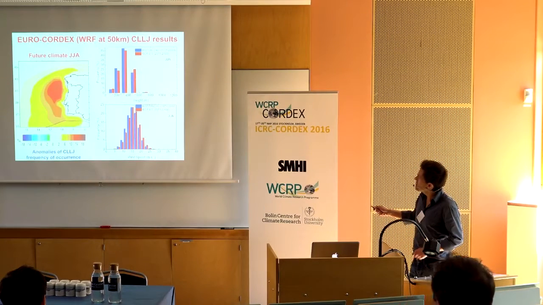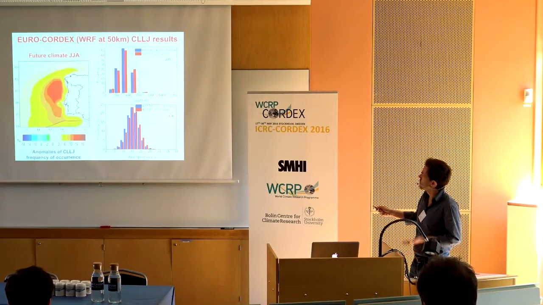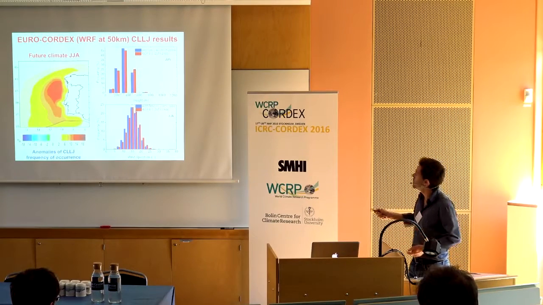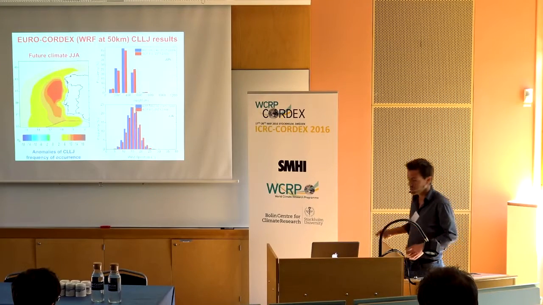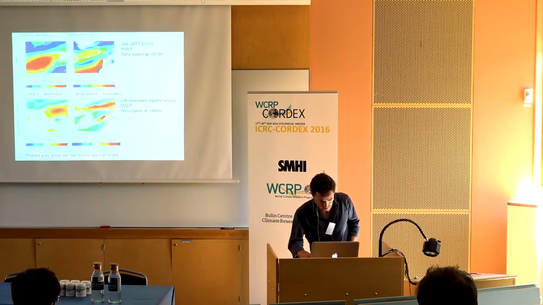We can spot some tendency of the model to go a bit up. The jet goes a bit up in future climate and for higher wind speeds, but I wouldn't say that's so relevant at 50 kilometers.